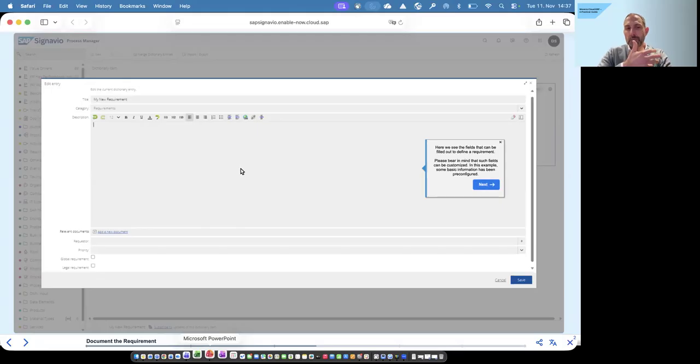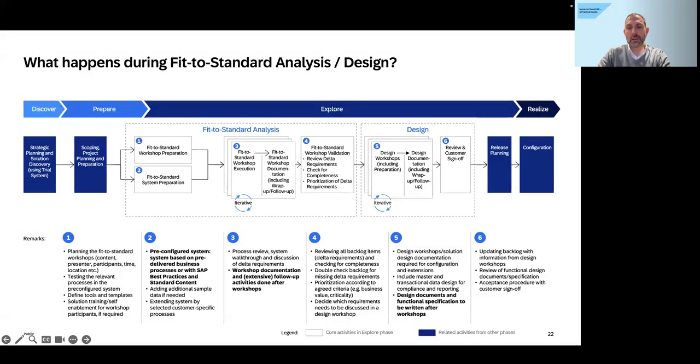And if you are very strict on this, then you can get as an organization an overview of your delta requirements and then handle them further downstream into further analysis, into how it's being realized and so forth.